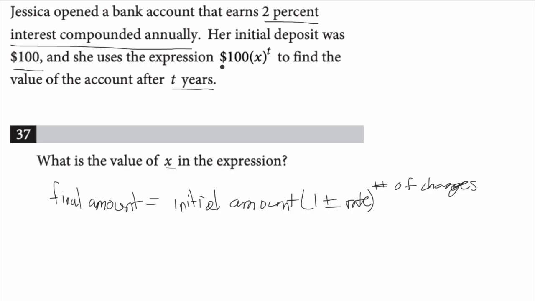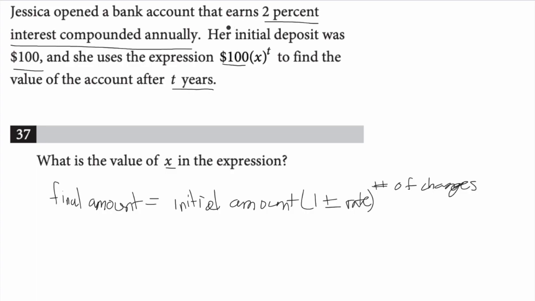We know this equation is used to find the deposit after t years, which is the final amount. Initial amount is $100, and then x would represent 1 plus or minus the rate, to the power of the number of changes. It's asking for the value of x in this question.